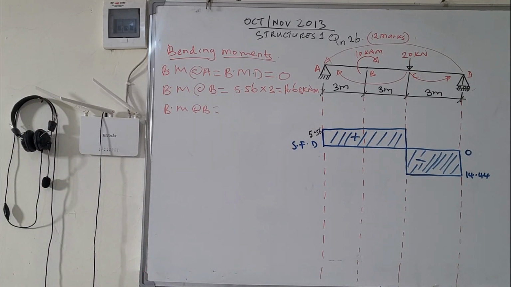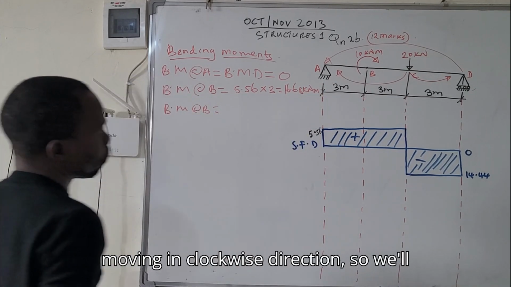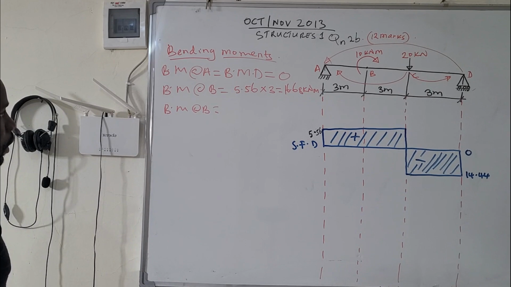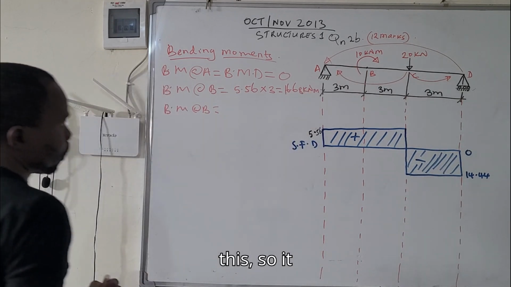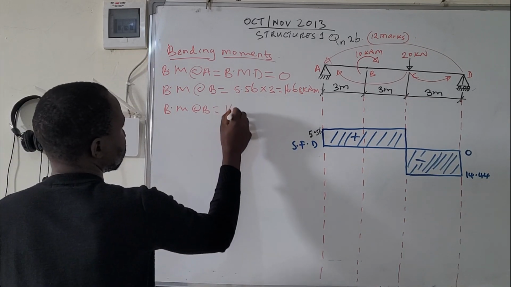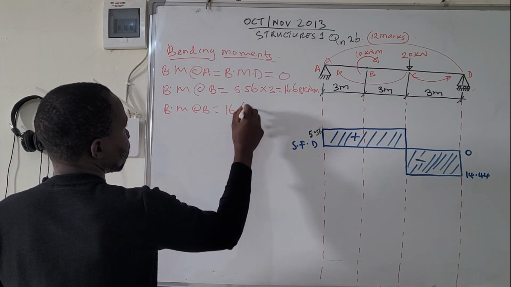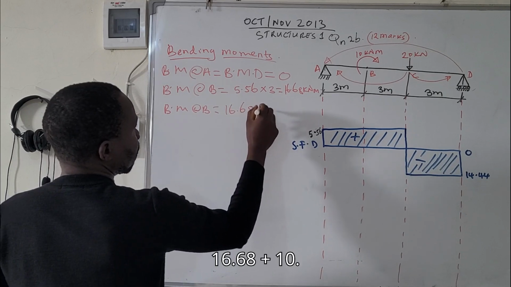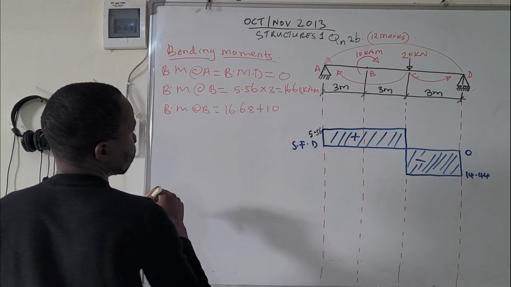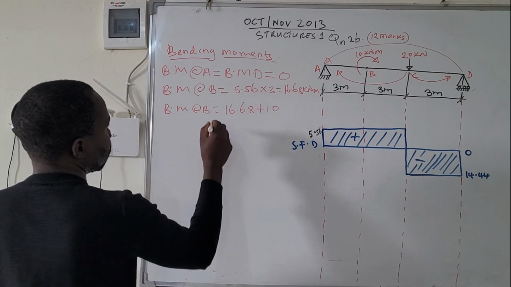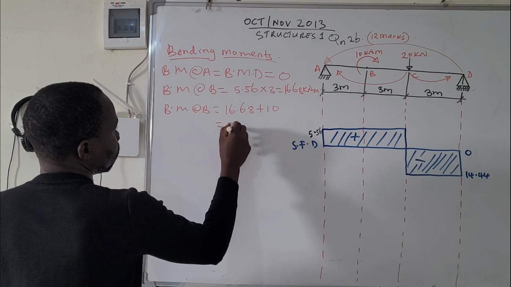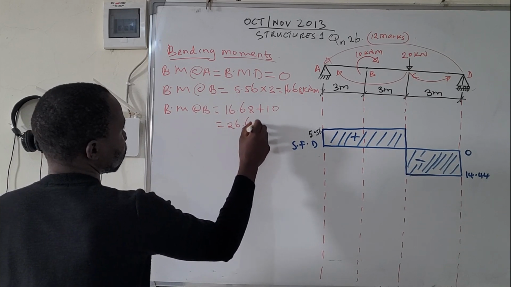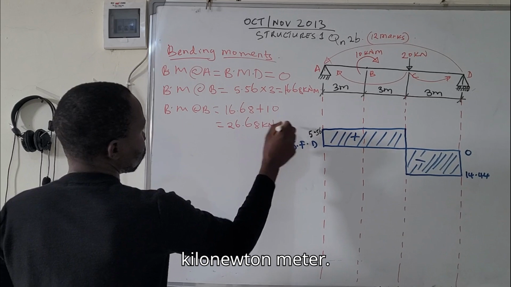If it's moving in a clockwise direction, you will add this one to this. So it will be 16.68 plus 10, which gives you 26.68 kilonewton meter.